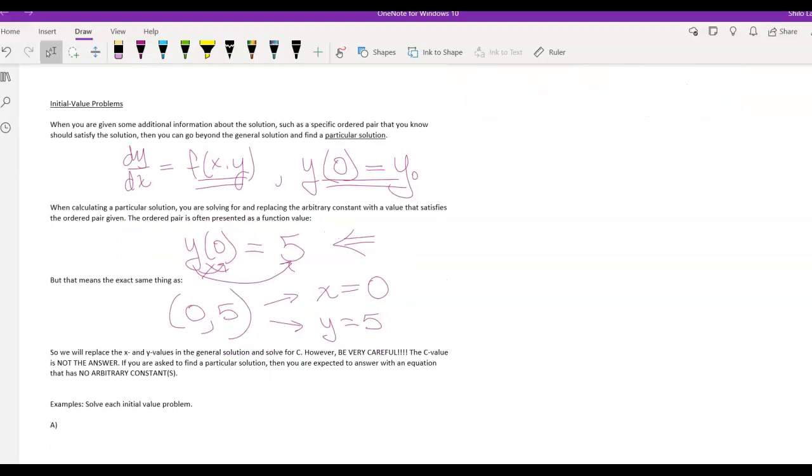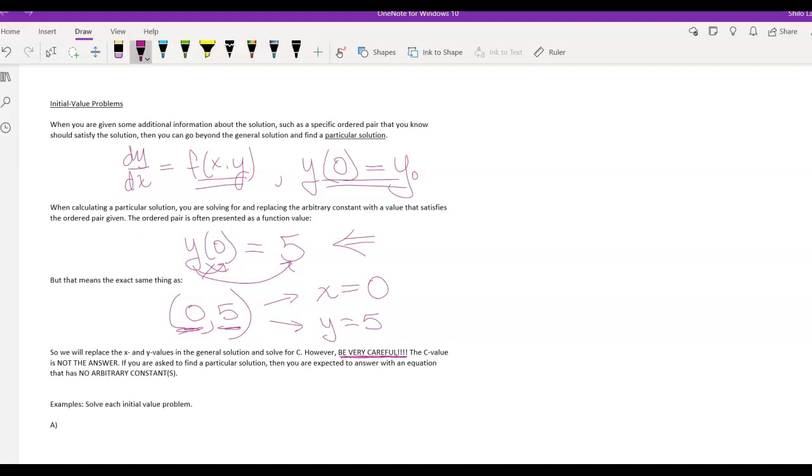So in order to solve and replace that arbitrary constant, we're going to take this x value and this y value that we're given, and plug it into our general solution. And when we do so, the only unknown value in that general solution should be the c value. So we should be able to solve for it. But be very careful. The c value is not the answer.